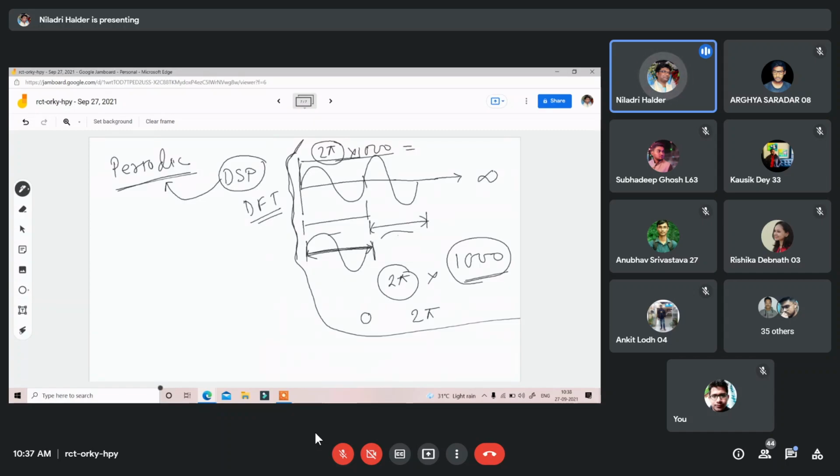So what is periodicity? When a signal is said to be periodic, simply, as I have told you, at a certain period it will repeat. So if signal x[n] is periodic, then x[n] will be equal to x[n plus N], or x[n plus kN].